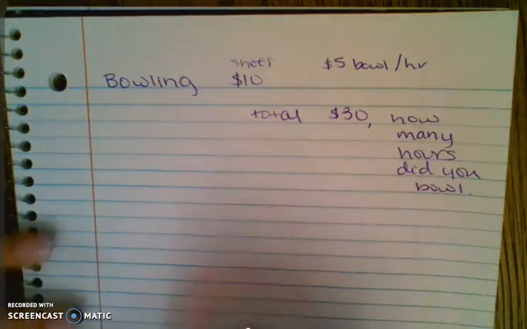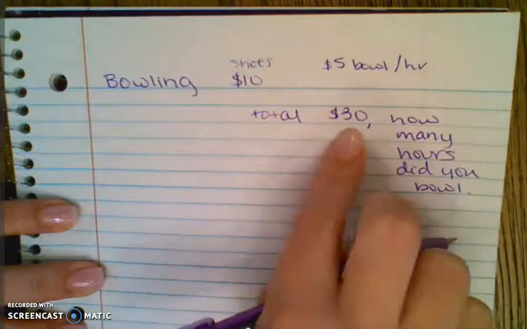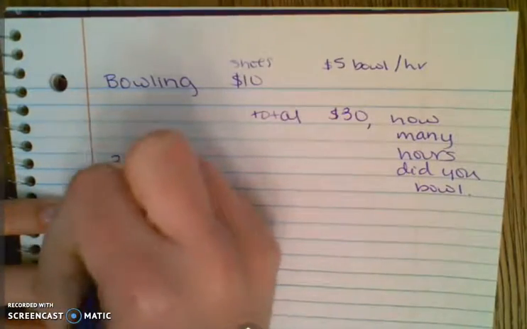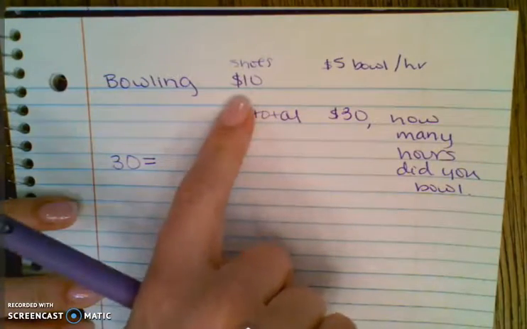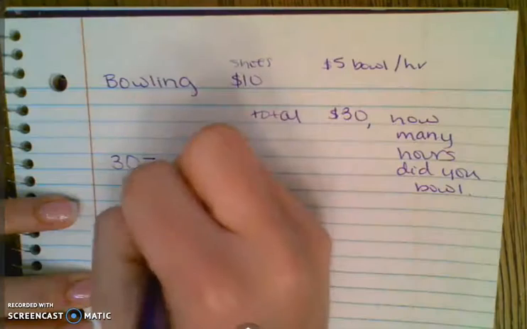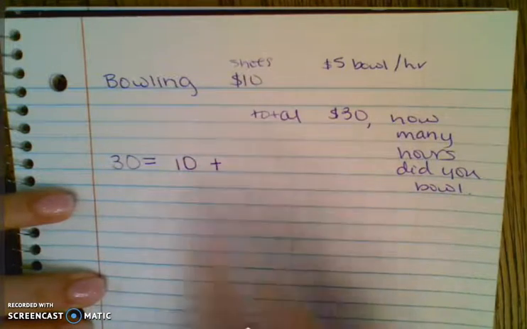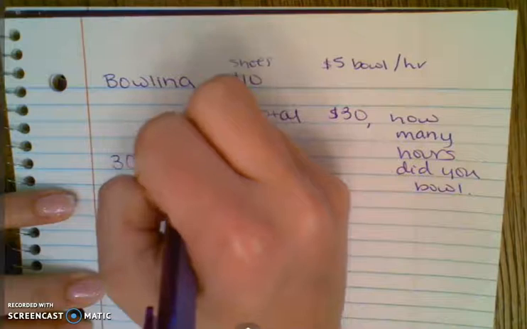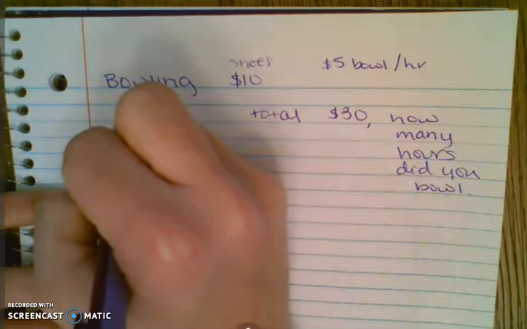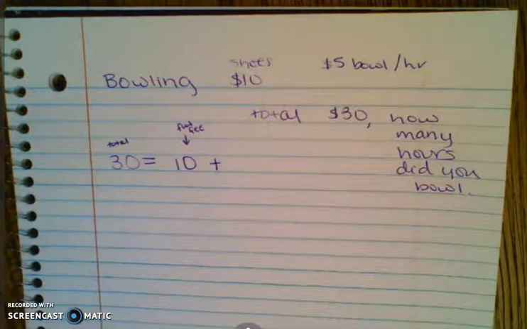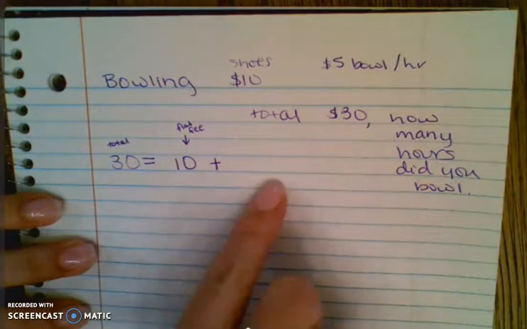So when you're doing this, I know the total is 30. So let's just say 30 equals, because I know it's going to be $30. My shoes are $10, so that's just a flat fee. That's just $10, and then I'm adding something else on. However much it says it is per hour or per minute, or it costs you $5 every hour, whatever it says like that, that's always the part that's going to have the x with it.